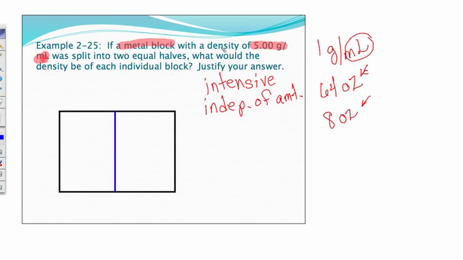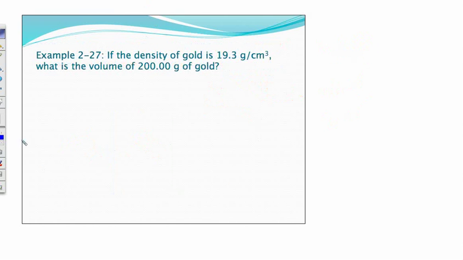Well, it's still going to have the same grams for every milliliter. So this density is 5.00 grams per milliliter, and that's 5.00 grams per milliliter. What the question is really after here, in terms of seeing what you know, is that density is an intensive property and it's independent of the amount. So let's go on to our next question.